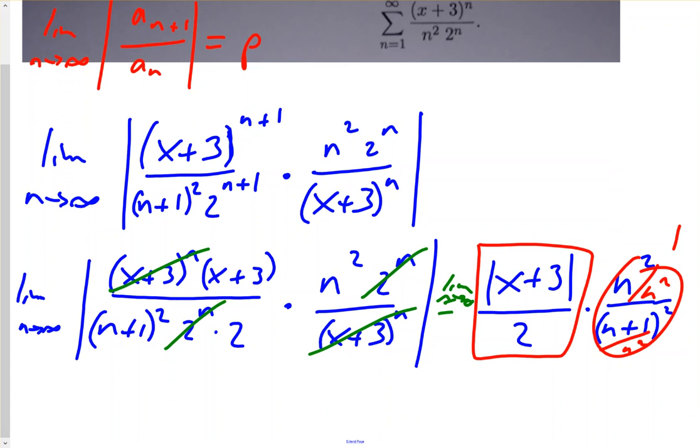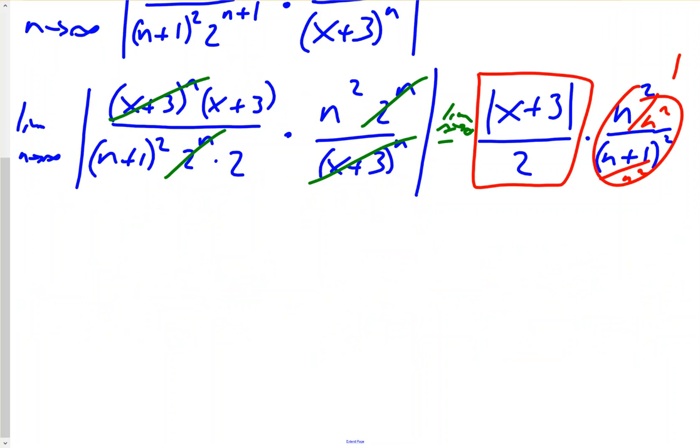So we're going to say that the absolute value of x plus 3 over 2, and because we're trying to find the interval of convergence, and we know that when rho is less than 1 it converges absolutely, we'll say the absolute value of x plus 3 over 2 is less than 1.